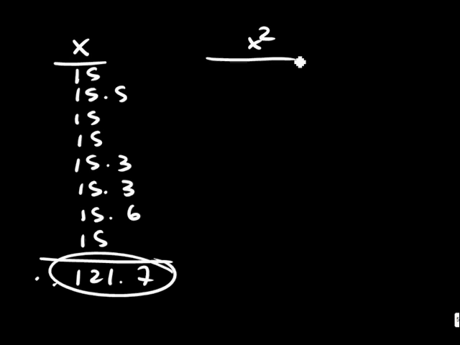225 is 15 squared. 240.25 is 15 and a half squared. 225 for 15 squared. 15.3 squared gives us 234.09.